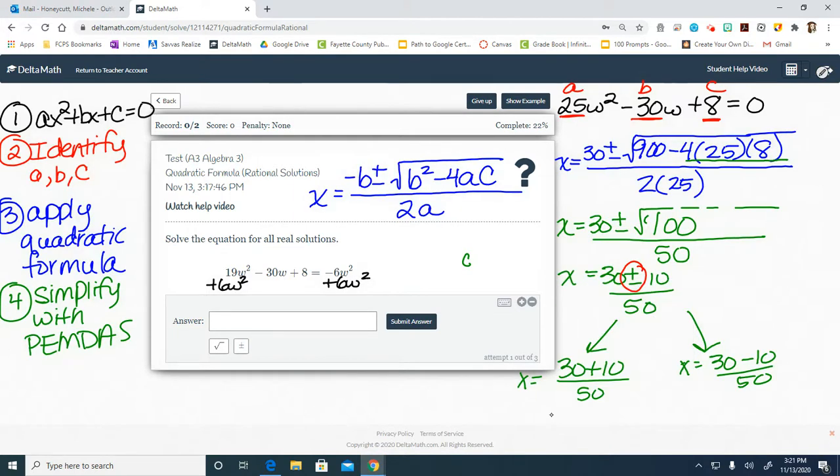So let's simplify. 30 plus 10 is 40 over 50, and 40 over 50 reduces to 4/5. And then 30 minus 10 is 20 over 50, and 20 over 50 reduces to 2/5. So my two solutions are 4/5 and 2/5.